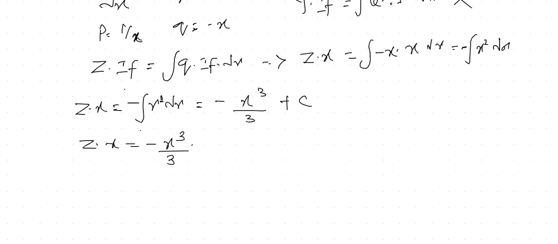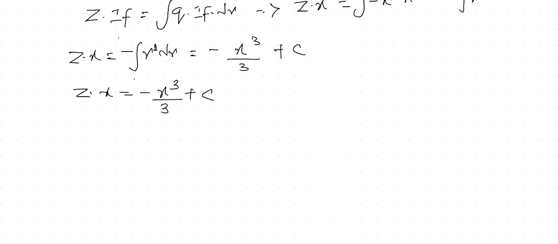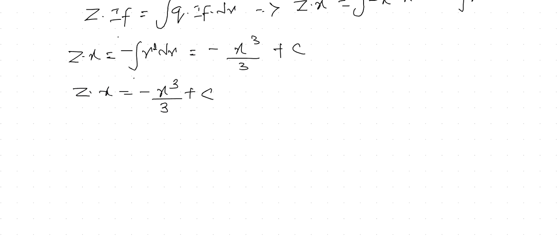What do you do at this point? You now remember that from here, you already said let z be equal to y raised to the power of minus 1. Don't forget. So you now put it back here. You see that y raised to the power of minus 1 multiplied by x equals minus x cubed over 3 plus c.